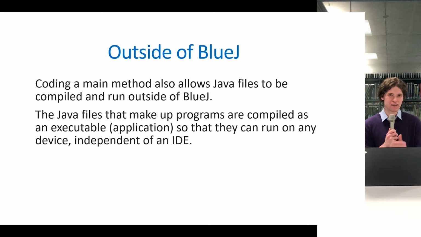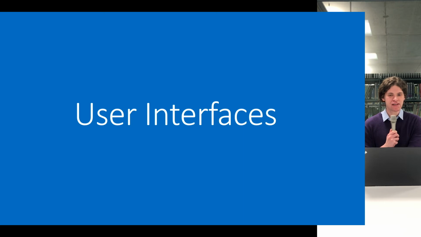You'll know that you need to write the main method, because that is how the IDEs will compile your code, and then in order to execute the application outside of the IDE, it's going to first trigger the main method, which starts the program. Okay. So there we go, that's the main method.